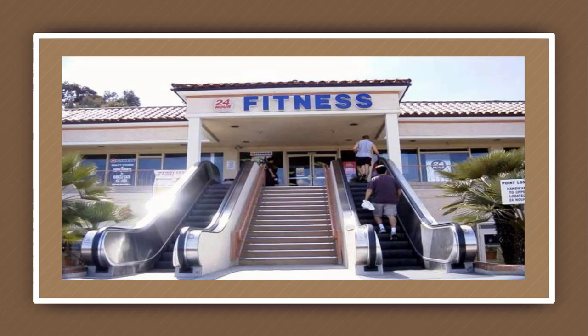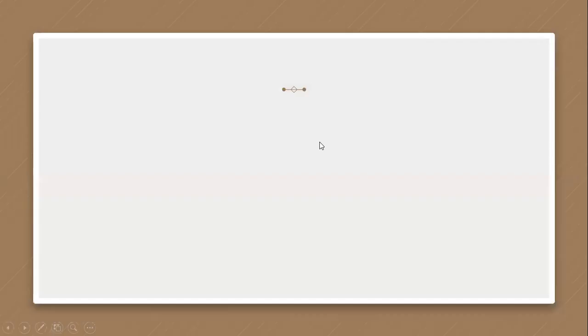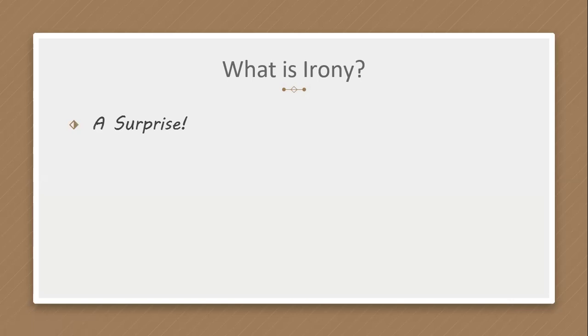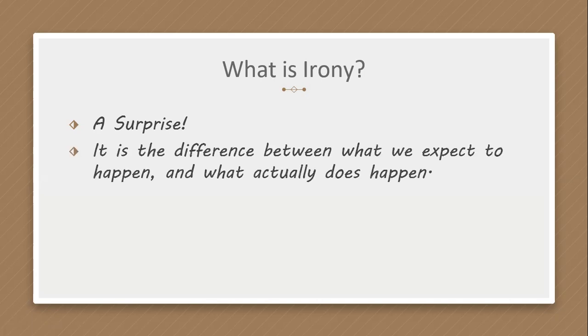So, an irony is a surprise. When you look at those pictures, of course, what, huh? That's maybe your original response. So, it is the difference between what we expect to happen and what actually does happen.